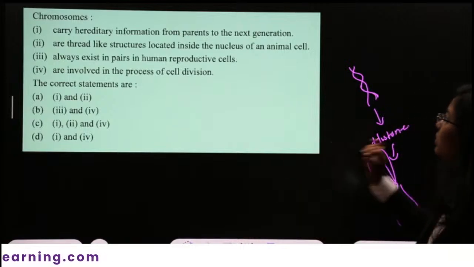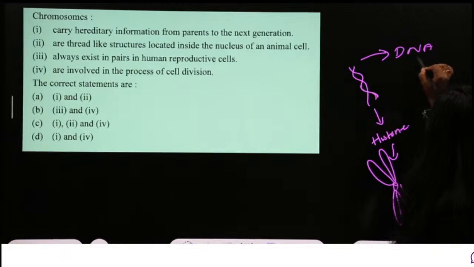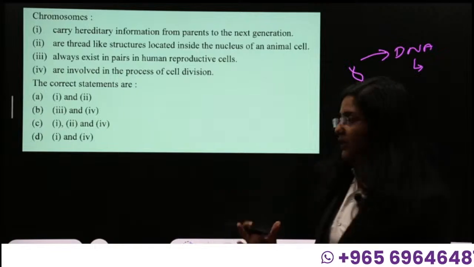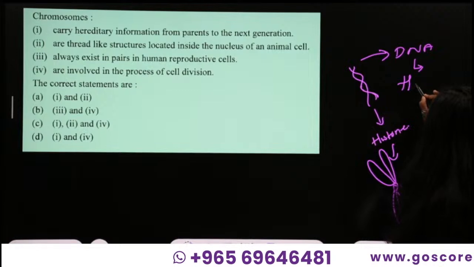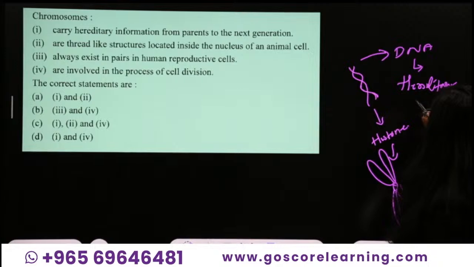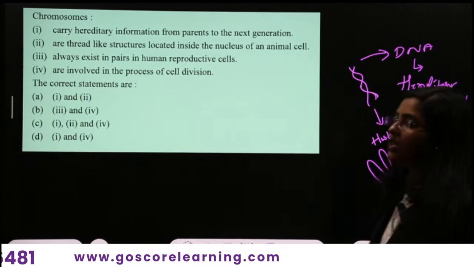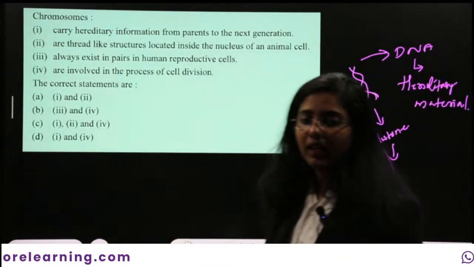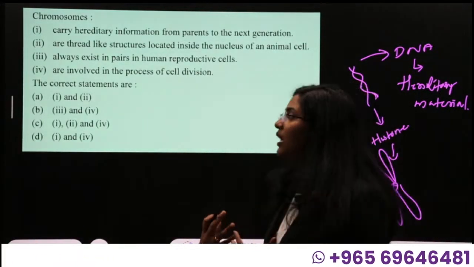What is the function of DNA? You know the function of DNA, right? DNA inherits the genetic makeup of the parents to the next generation. So we could say that it is a hereditary material. DNA is the hereditary material, where it contains all the genetic information, and this genetic information is passed to the next generation.